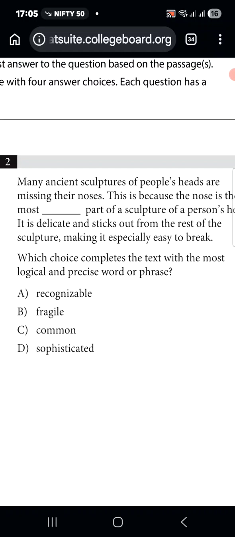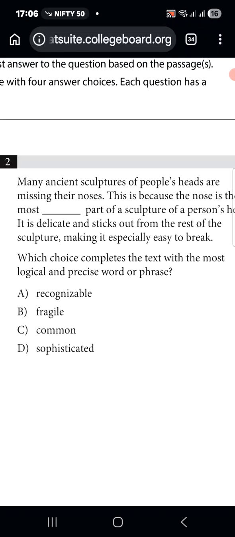So there are a few things which I want to emphasize. Number one, do not read every part of the question. Focus on the most important part. Number two, paraphrase. When you read, make your own story, like the way I was paraphrasing the whole thing, that some parts are missing from the sculpture. See, it doesn't matter whether the sculpture is from a certain place and the nose is part of the head and so on. They are extra details.